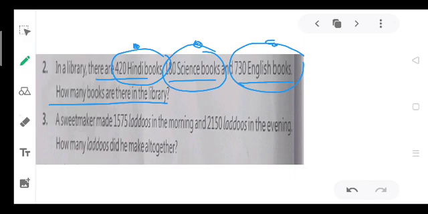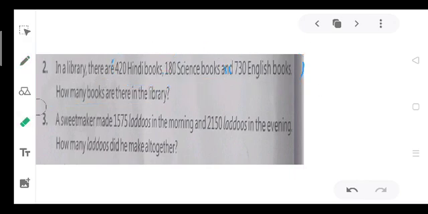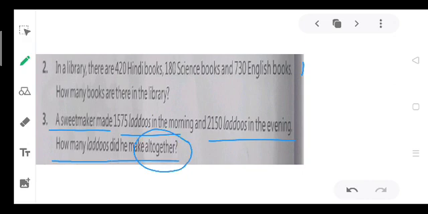Now question 3. A sweet maker, a person who makes sweets for you. A sweet maker made 1575 laddus in the morning, 2150 laddus in the evening. How many laddus did he make altogether? It means total number of laddus you have to find out.